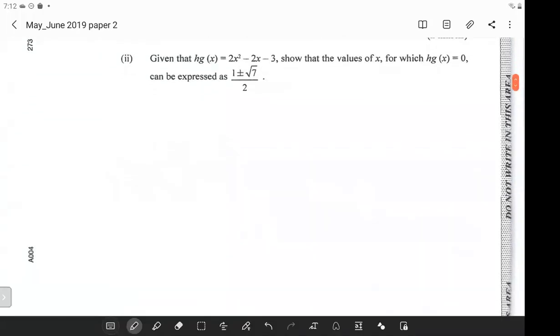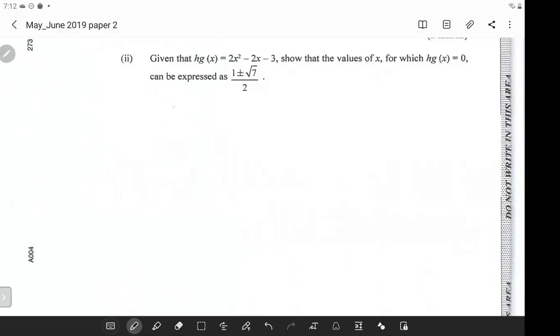Given that hg of x is equal to 2x squared minus 2x minus 3, show that the values of x for which hg of x equals 0 can be expressed as 1 plus or minus root 7 over 2. So they want to show that the roots are equal to 1 plus or minus root 7 over 2.